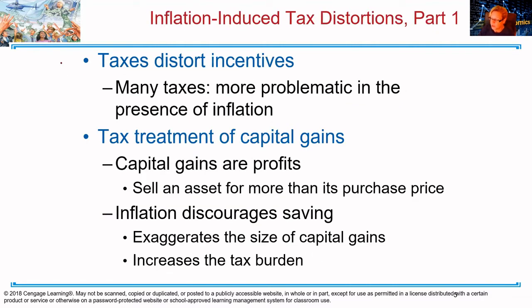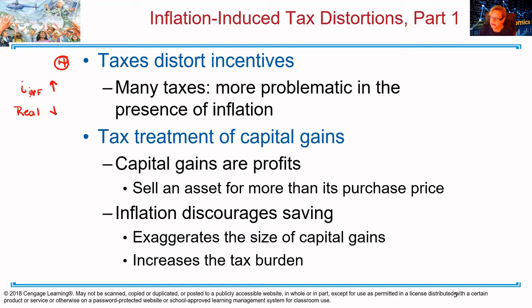Again, the tax treatment that we've kind of looked at here, so that would be a fourth problem. It distorts incentives. And again, remember that we found that in inflationary times, as inflation goes up, the real after-tax return decreases.